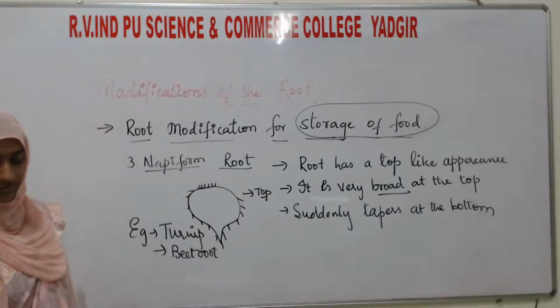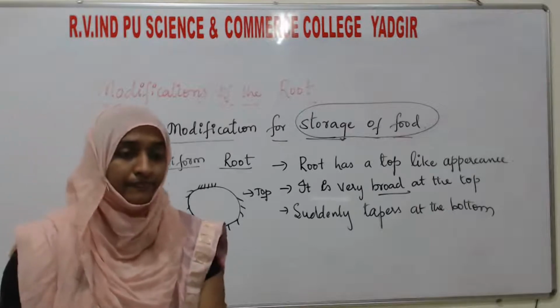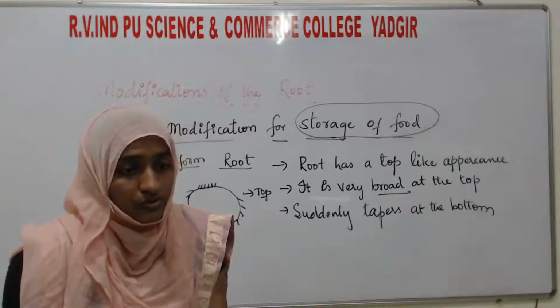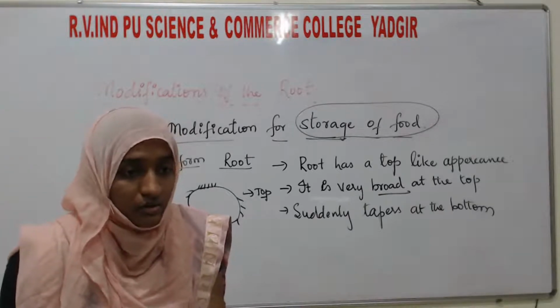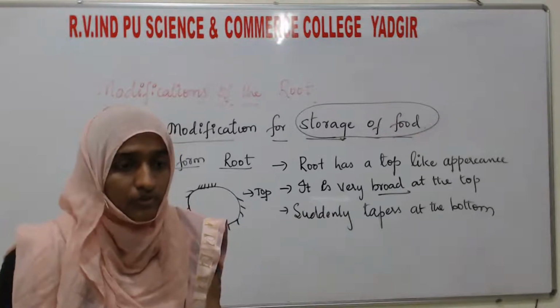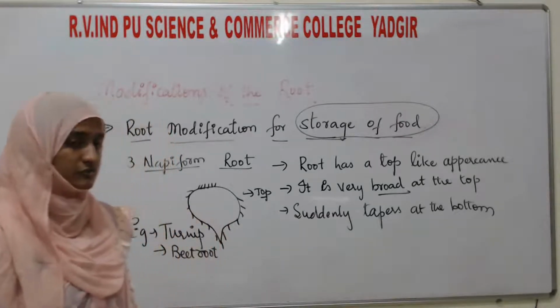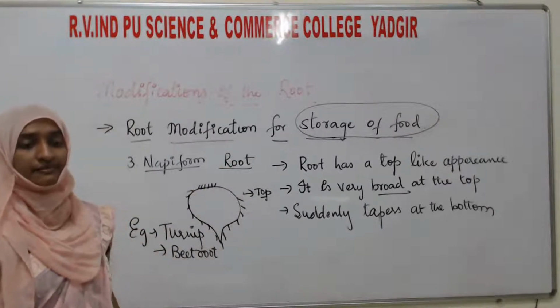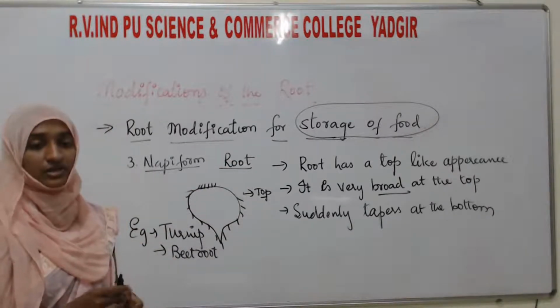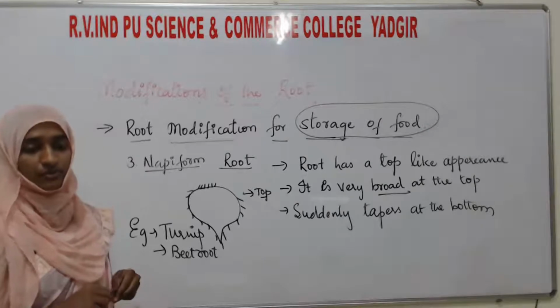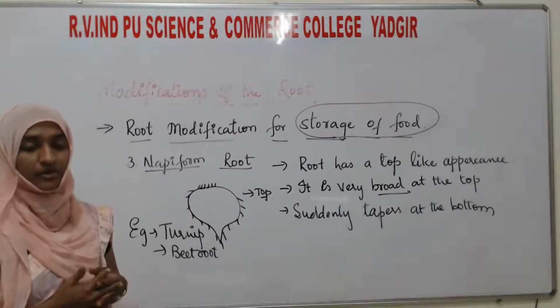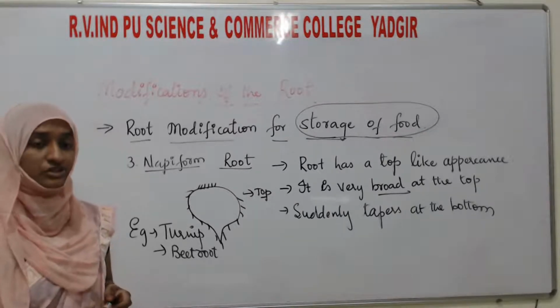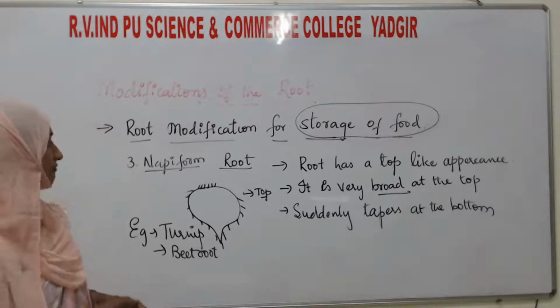These are examples of the napiform root. So conical root, fusiform root, napiform root, these three are the roots which are modified for storage of food. Next we will see the second modification of the root, which is meant for support. Let's see that one.